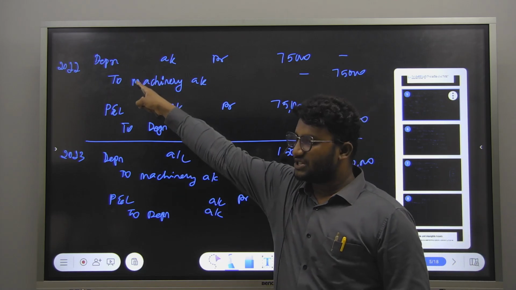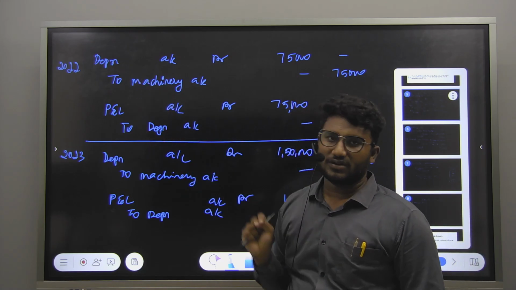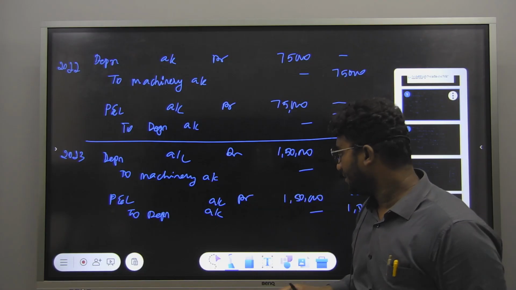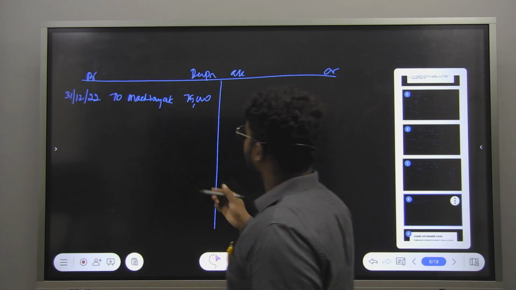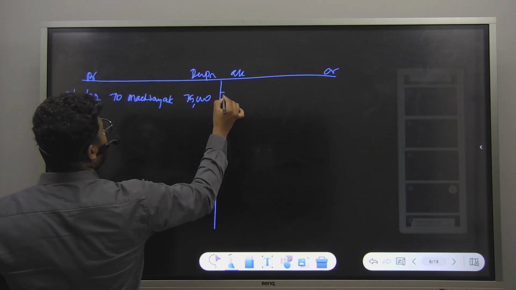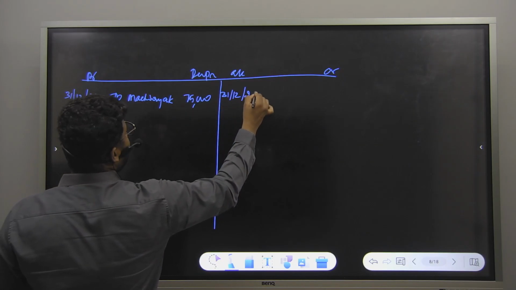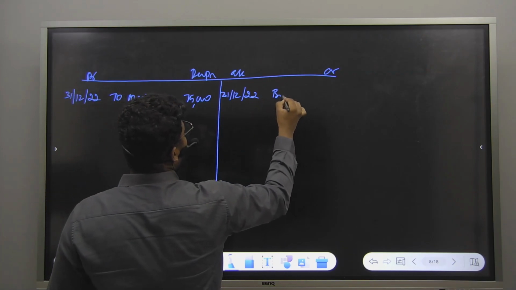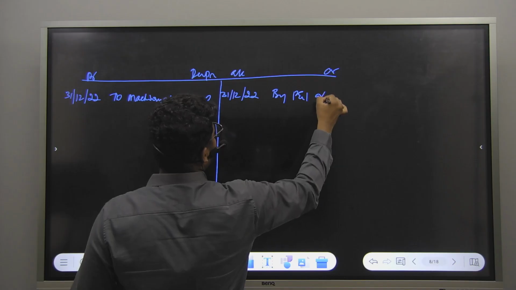So we have charged depreciation, and the same amount we are transferring to the profit and loss account on the same date. On the same date, on 31st 12 2022, by profit and loss account, how much?